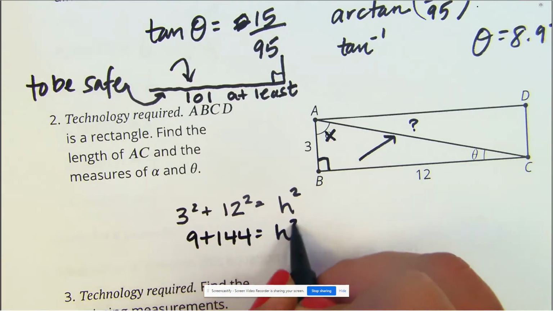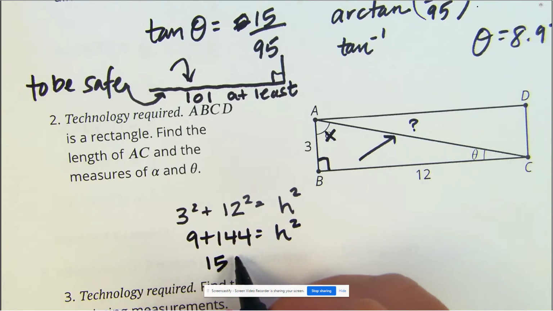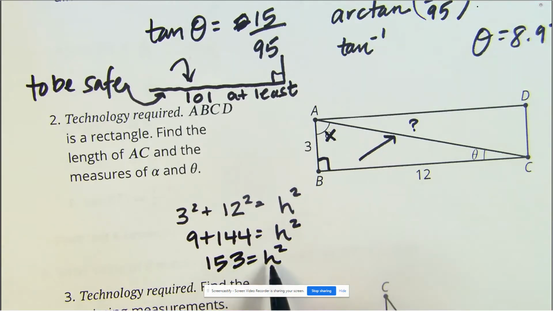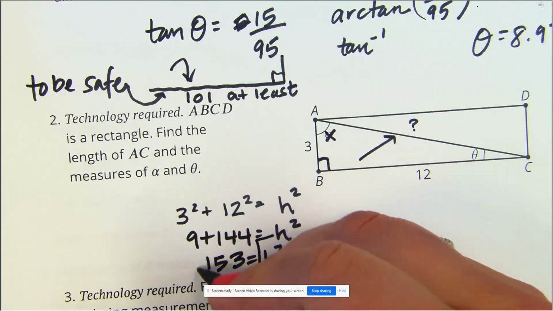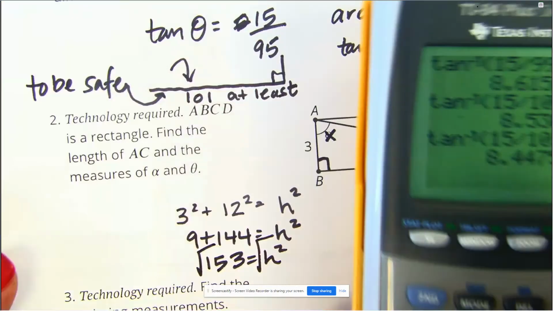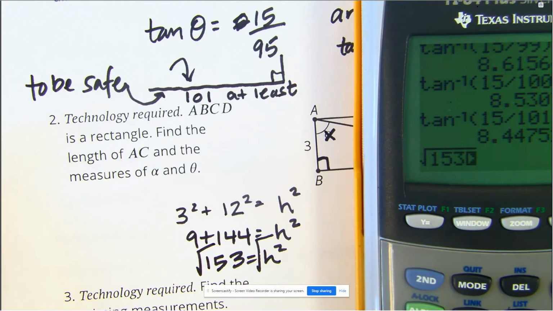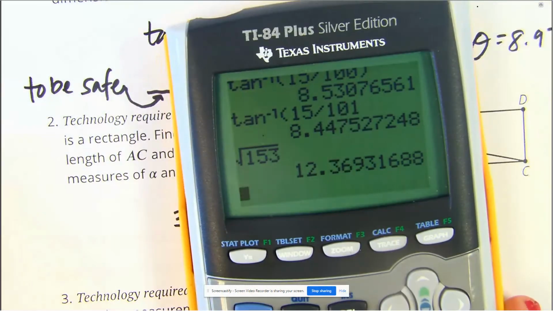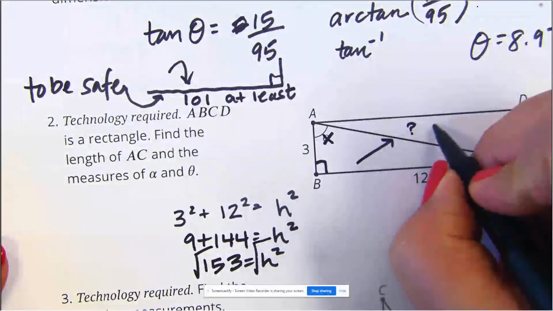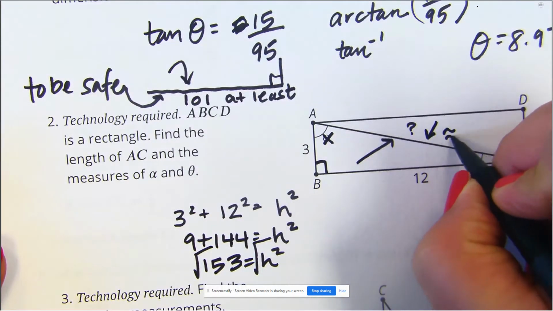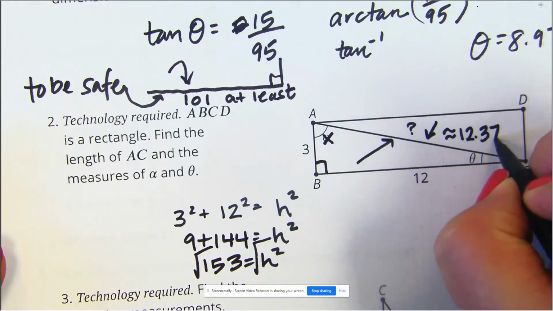I'd add that on my calculator or in my head, and I'm trying to figure out what h is. So now I take the square root of both sides, and I will use my calculator for this. The square root of 153 is about 12.37. So this missing AC is approximately 12.37.